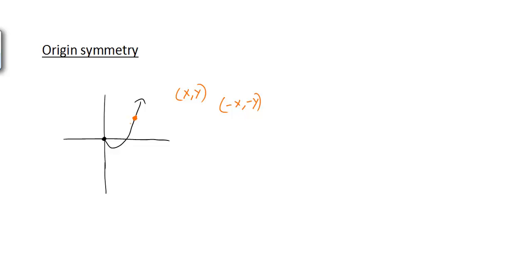So if this point here happened to be over 2 and up 2, then the point that goes negative 2 and down 2 would also have to be on the graph. And if this point here happens to be over 1 and down a half, then you'd also have to have the point negative 1 and up a half.